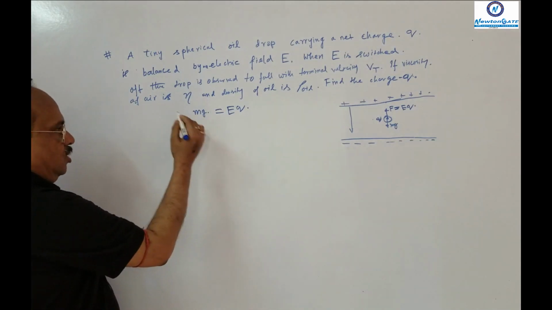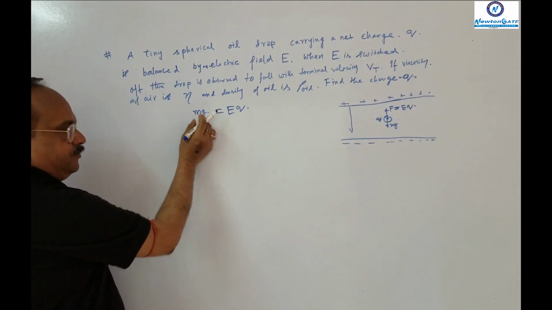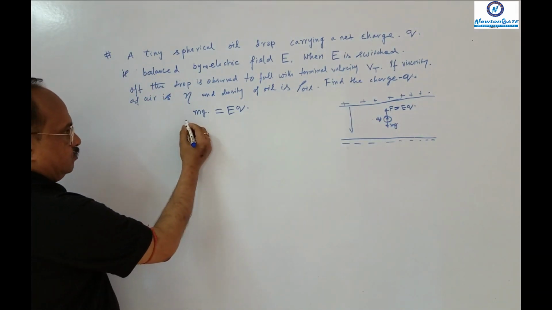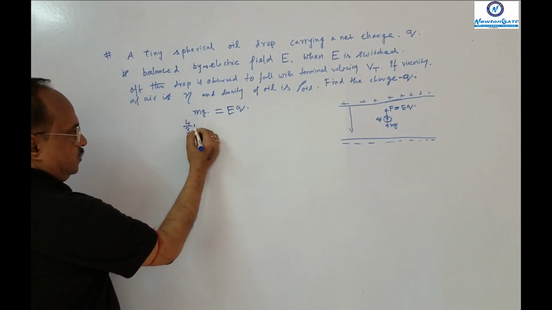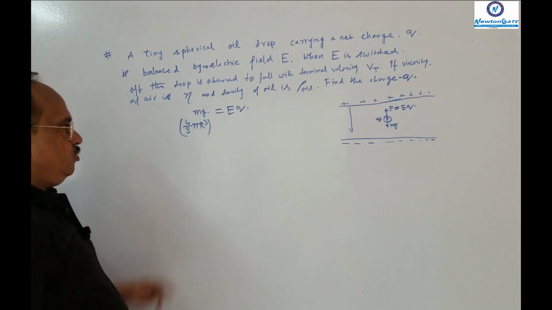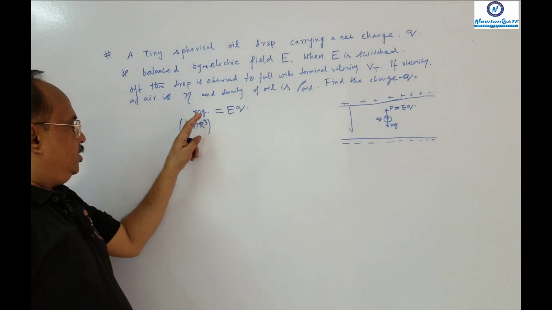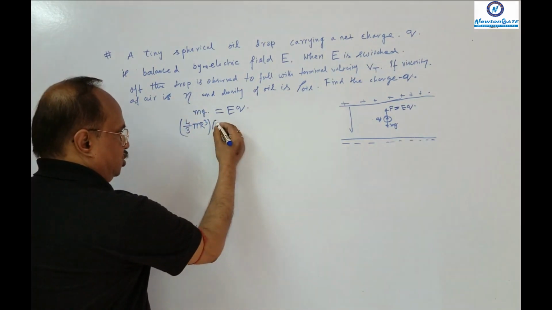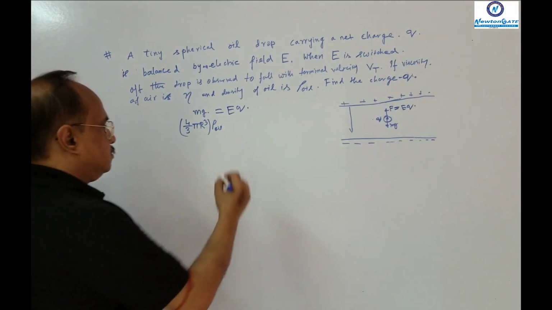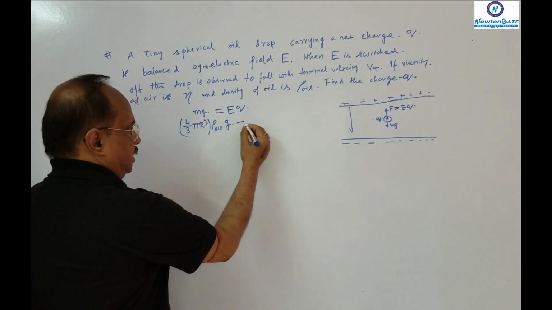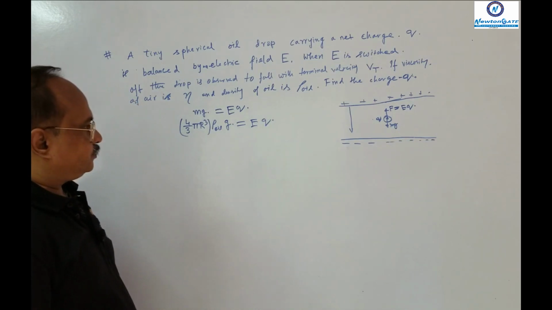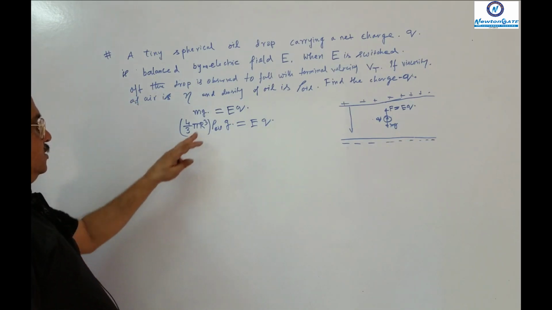The mass of the oil drop will be 4/3 pi r cube, that is the volume of the oil drop, into density of the oil, into g, is equal to EQ.